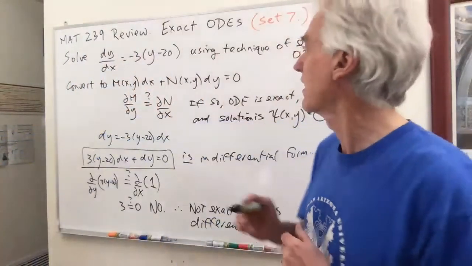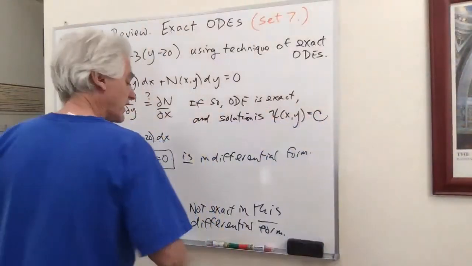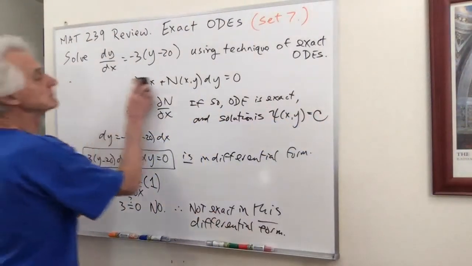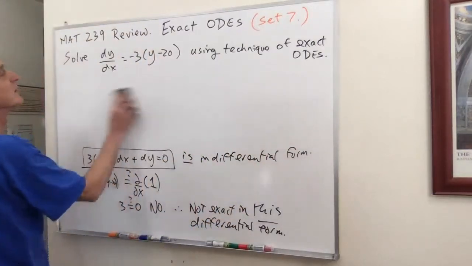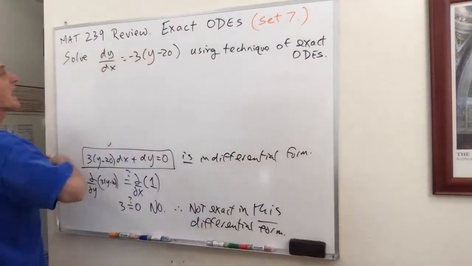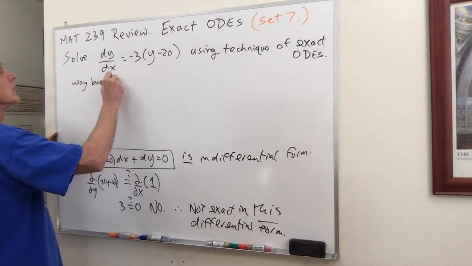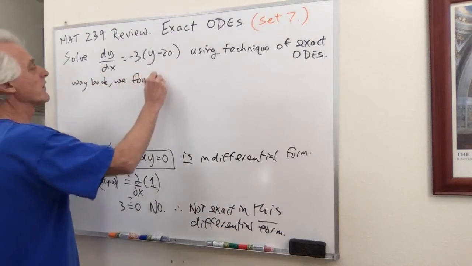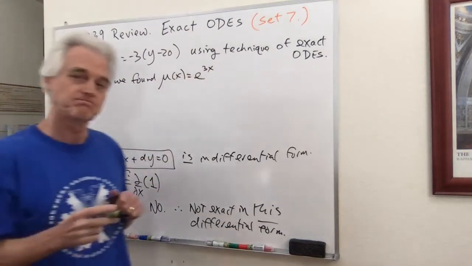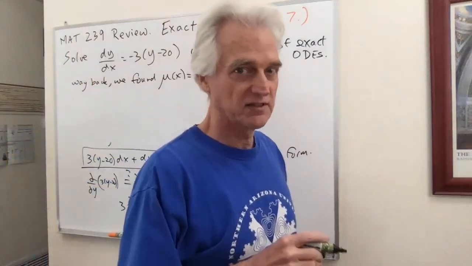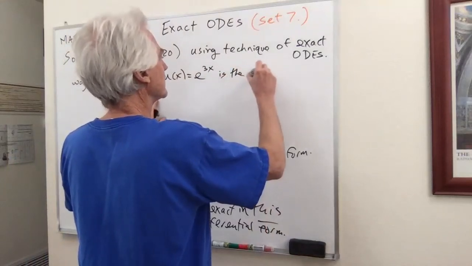Well, we might think we want to go on, but we're told to solve this. So in fact, we had this thing called mu way back in this review. We found that mu of x is e to the 3x, the integrating factor.